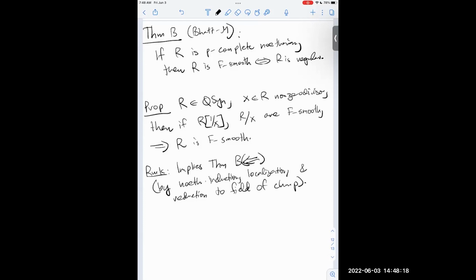Sorry, this implies the direction that regularity implies F-smoothness. The other direction is actually a little easier, and you don't need full F-smoothness. You really need this sort of weak F-smoothness or a special case of that. So maybe I won't have time to do that.